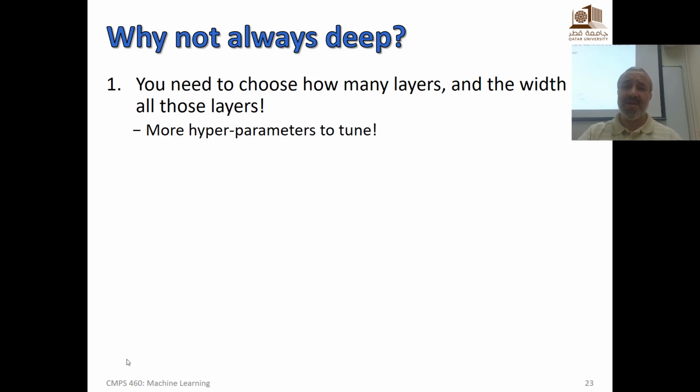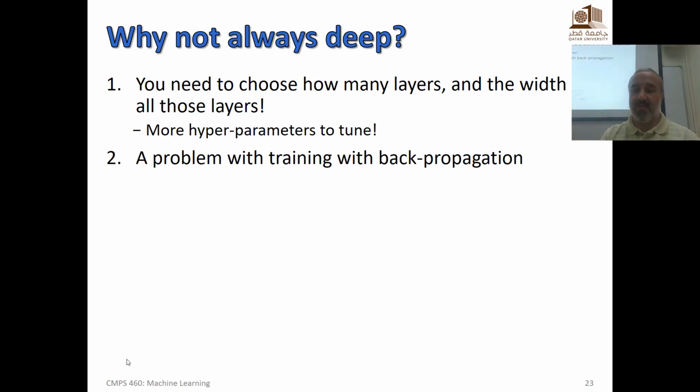The second reason, I will not be able to explain it now, but just keep in mind that with deep networks, we will have problems in computing the gradients. We'll talk about that next week. There is a problem with what we call backpropagation, which is the method that we use to compute the gradients. We'll talk about it later.